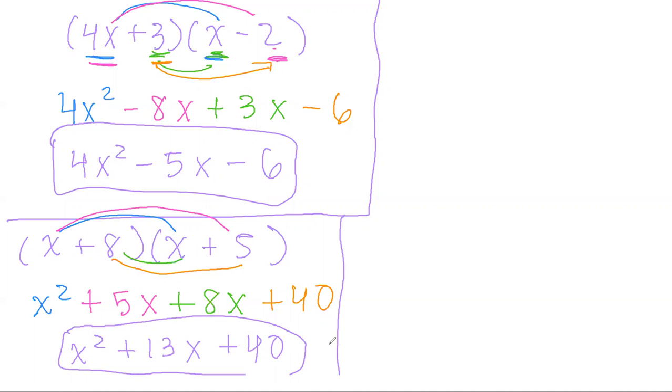Okay, and let's try another one. So 2x times 3x, I get 6x squared.